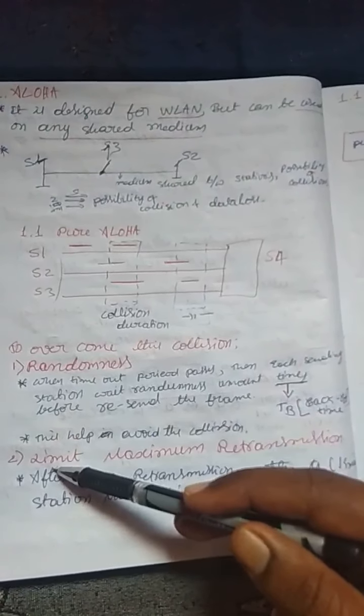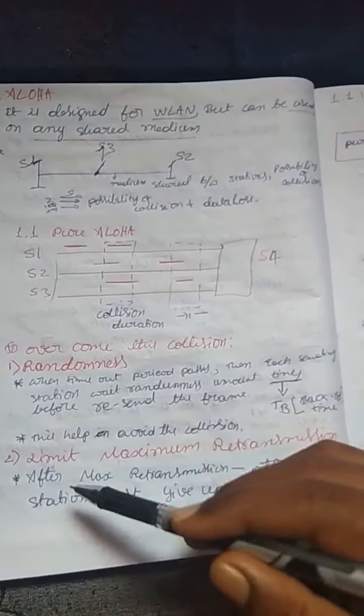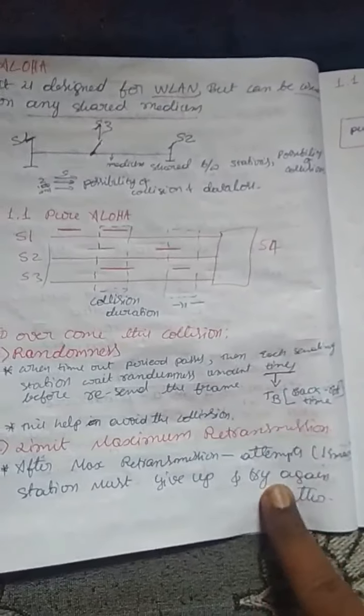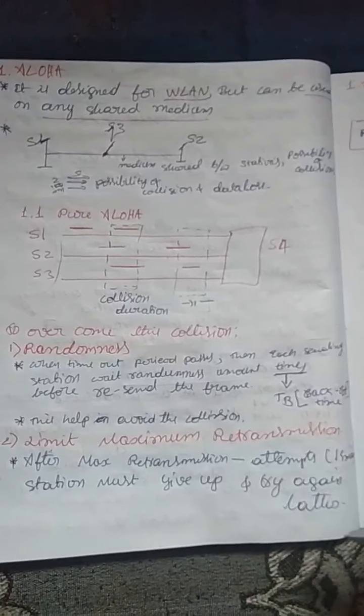Next method is limit maximum retransmission. After the maximum retransmission attempts, the station must give up and try again later.